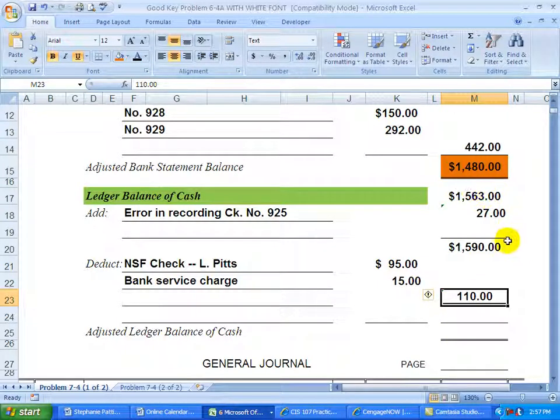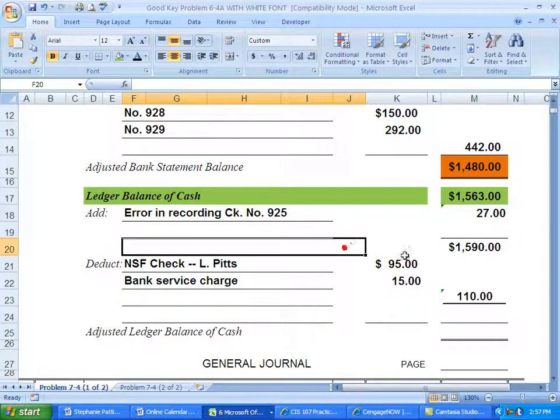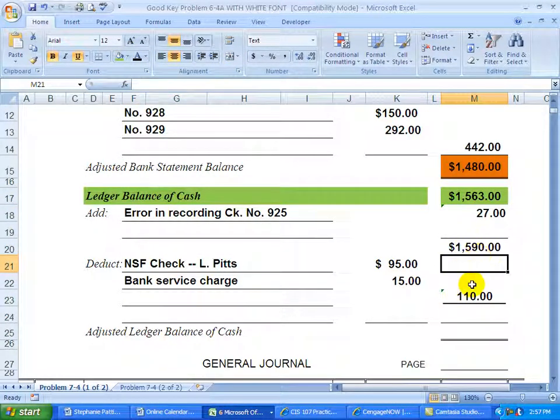And then we're going to take our addition and subtract. Here's what the bank says we have right here. We're going to add the additions and subtract the deductions.